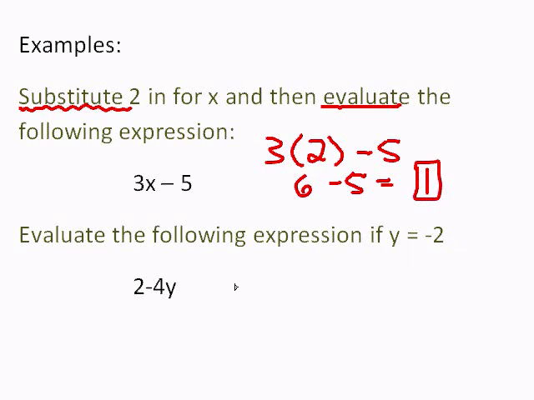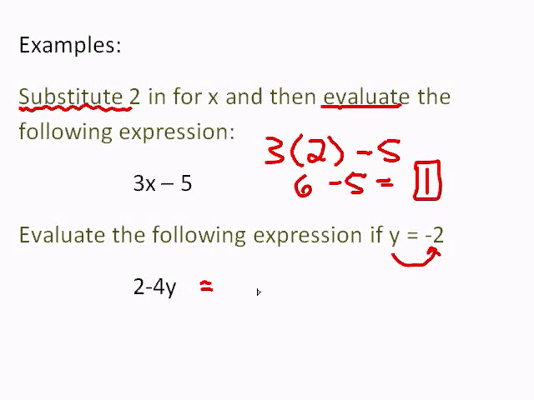Another way we can word this type of problem is to be asked to evaluate an expression given a value for the variable. So evaluate the following expression if y equals negative 2. Let's take a look at it. We're going to use substitution to change y into negative 2, because it says y equals negative 2.